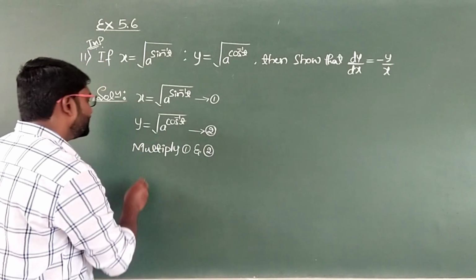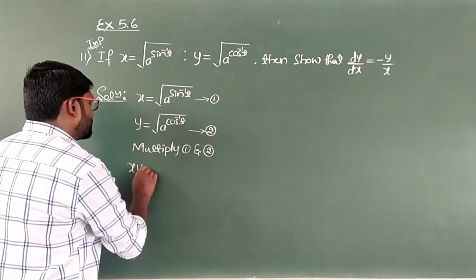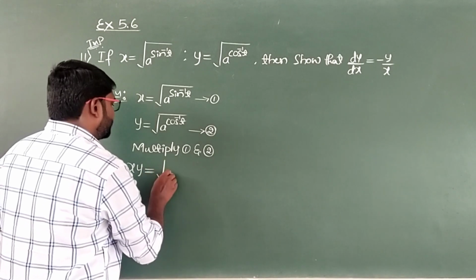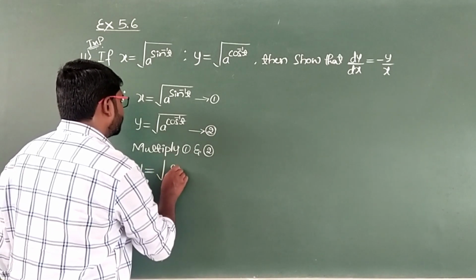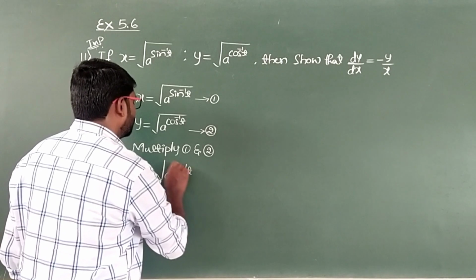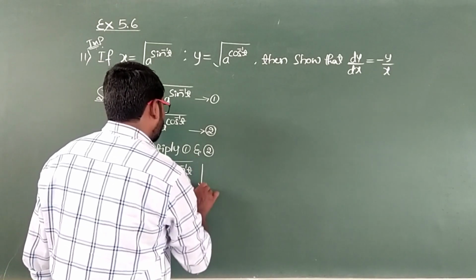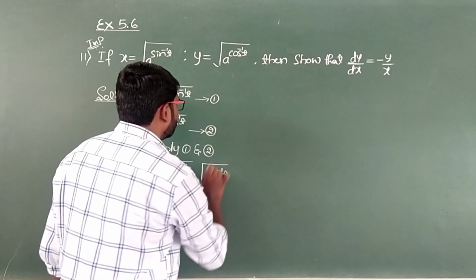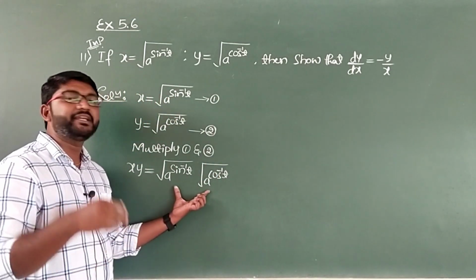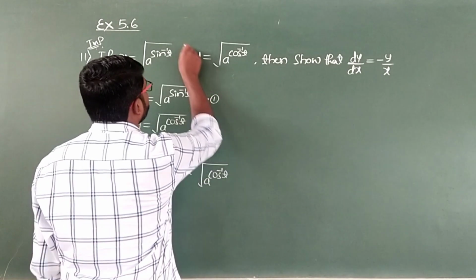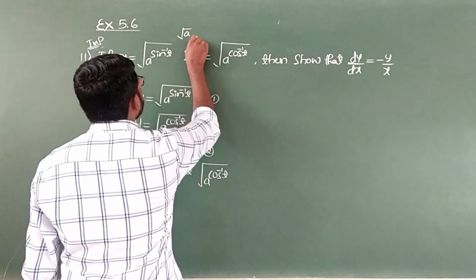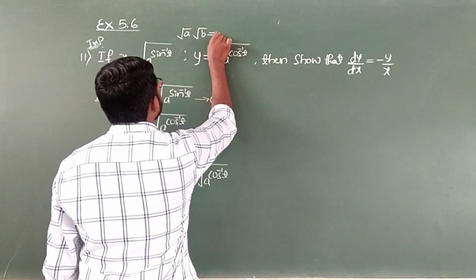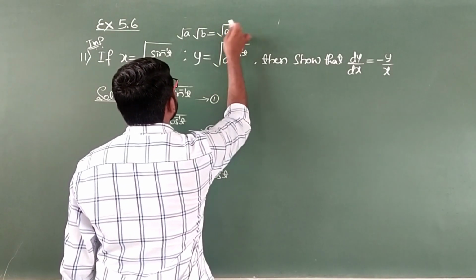The multiplication of these two will be xy equals square root of a to the power sin inverse t into square root of a to the power cos inverse t. Now these two are in the form of root a into root b. We have the property that square root of a into square root of b can be written as square root of ab.